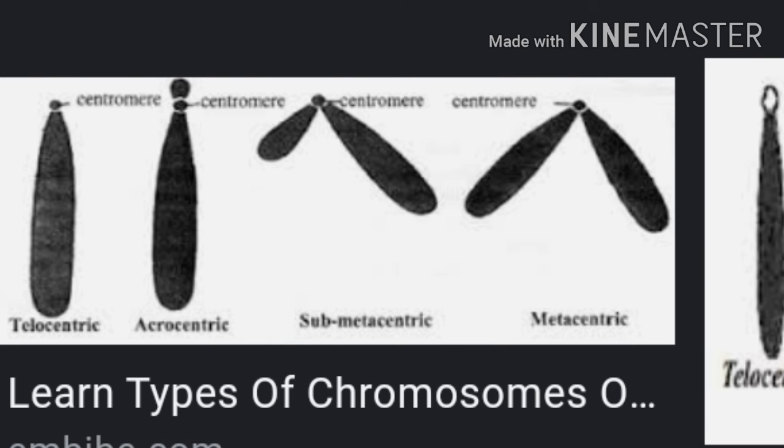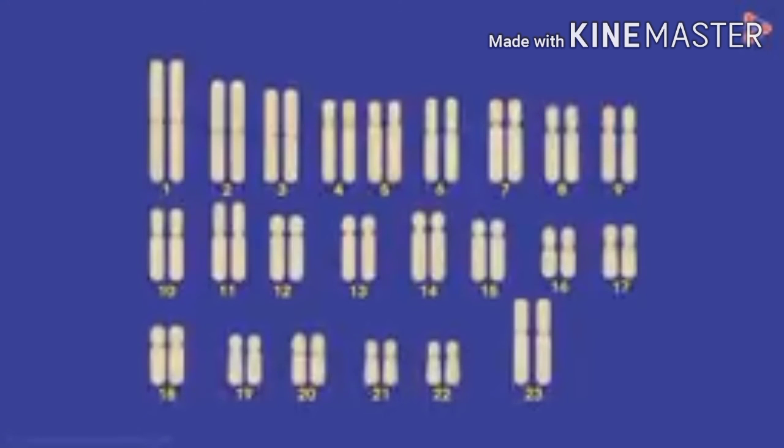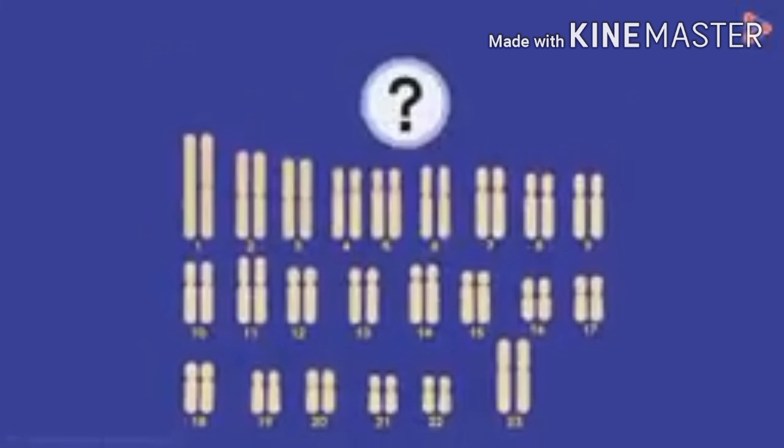On the basis of the number of centromeres, the chromosome is again classified as monocentric, dicentric, polycentric, and acentric. Monocentric means a chromosome containing only one centromere. Dicentric means containing two centromeres.